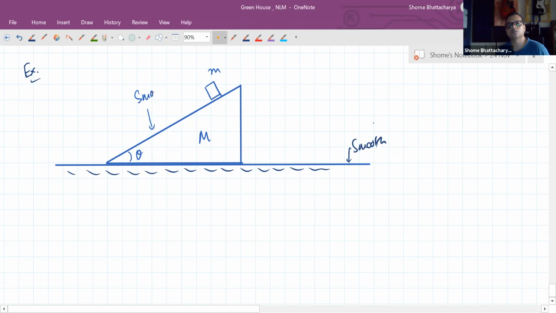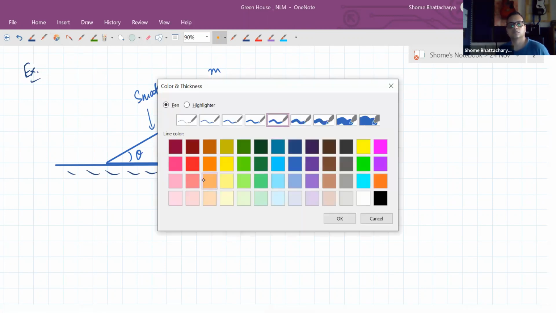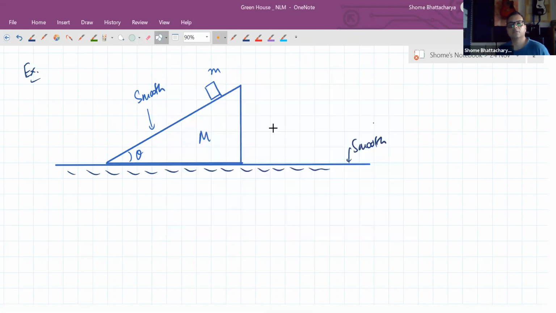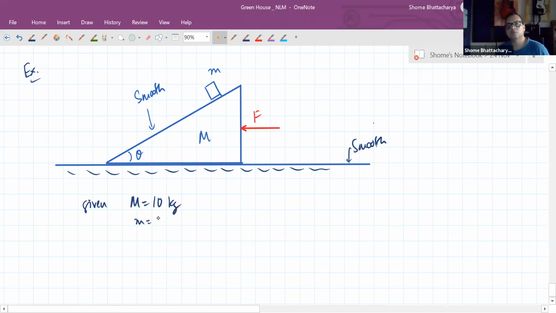This surface is also smooth. Now we are applying some kind of horizontal force on the system. I mean, we are applying the force directly to the wedge. So given that capital M is equal to 10 kgs, small m is equal to 2 kgs, and theta is equal to 37 degrees, g is equal to 10 meters per second square.